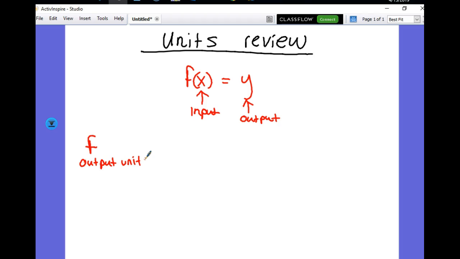Okay. Now, if you have an F prime, that becomes a rate. And so you end up with an output unit still, but it's an output unit per input unit.